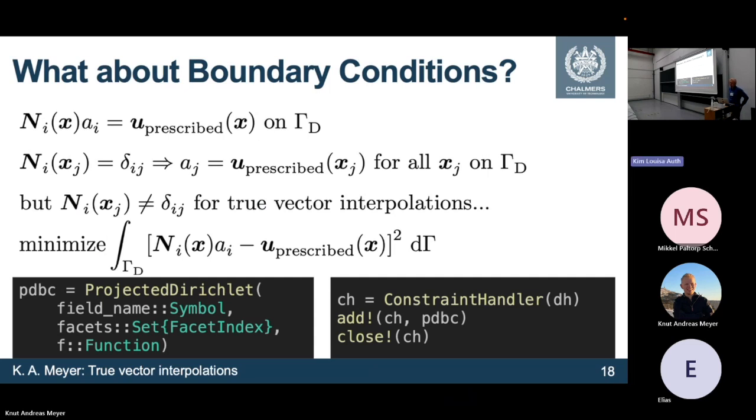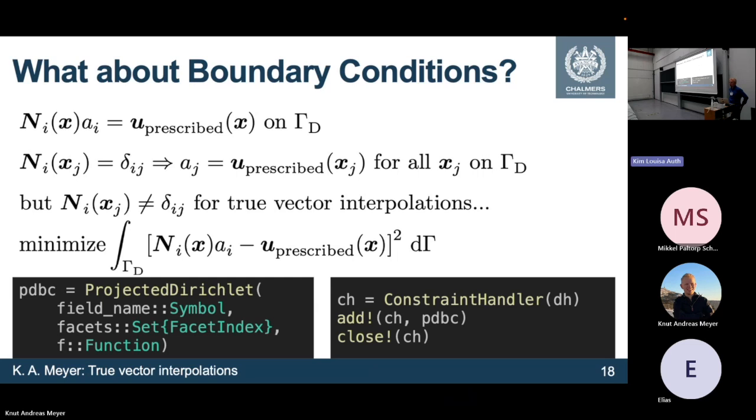Now I thought I was happy. It worked, tests passed, and then I was just doing a quick example. But how do we implement boundary conditions for something that doesn't have nodes? I want to constrain something on the boundary.